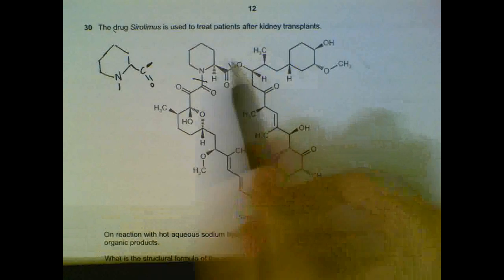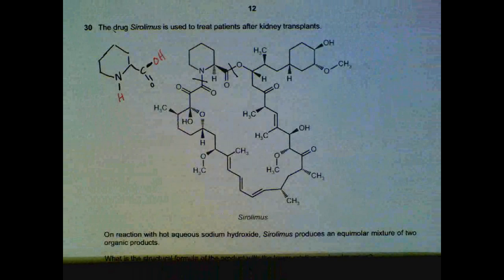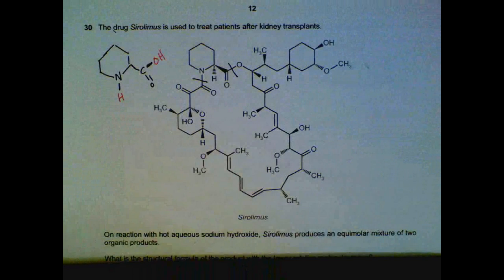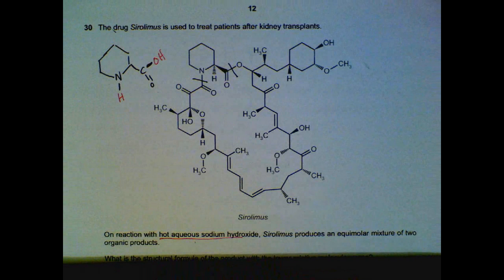So focusing on the small molecule, if we were to reconstruct it, it might look like this, with your amine groups and your carboxyl groups, right, but this is not the final result. We have to check that and realize that it is under sodium hydroxide environment, alkaline environment.